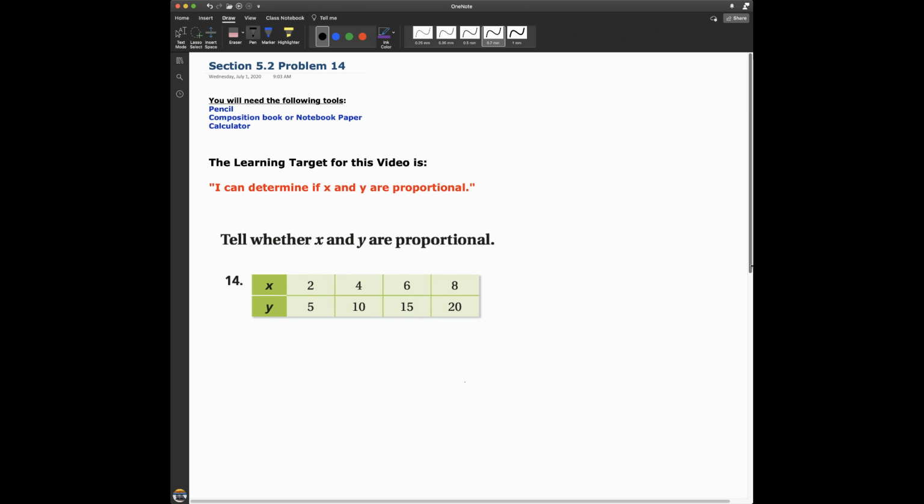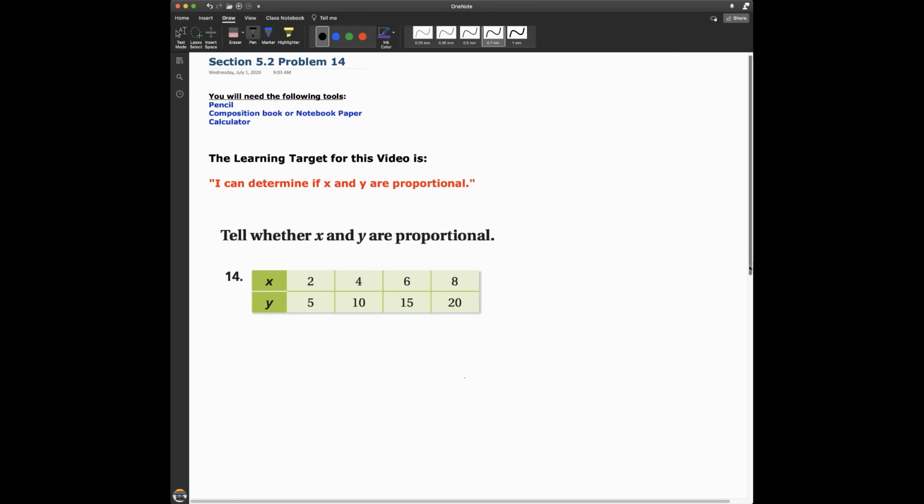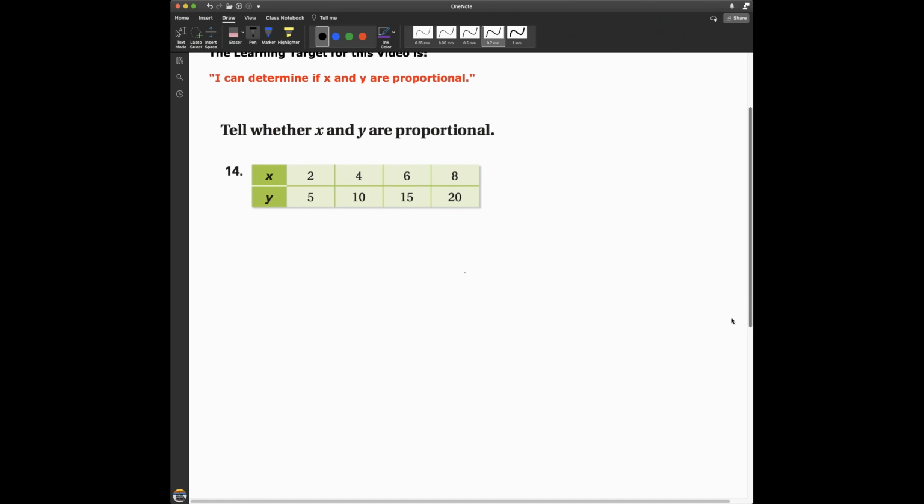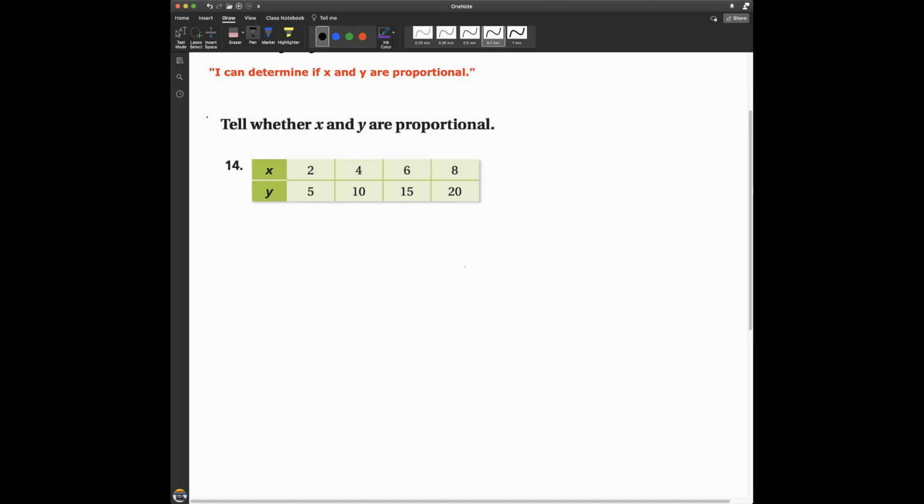So just got one problem to look at. And the directions say tell whether X and Y are proportional. So on top, I have all of the X values, and then on the bottom, I have all of the Y values. I would like to know, are they proportional?